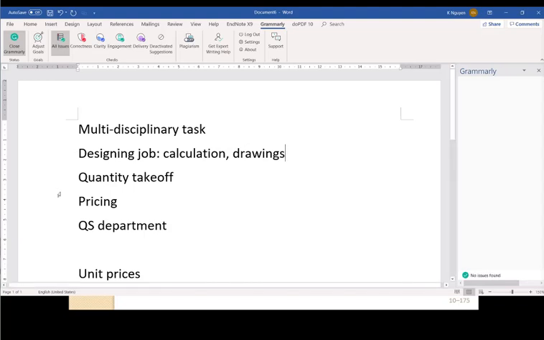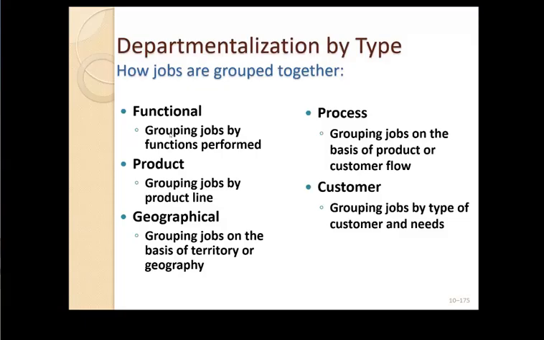The quantity pick-up people or the pricing people as well, and you can put them into a single department for the designing, something like that, right? So there are a lot of ways to group the jobs together, right? Based on the functions.